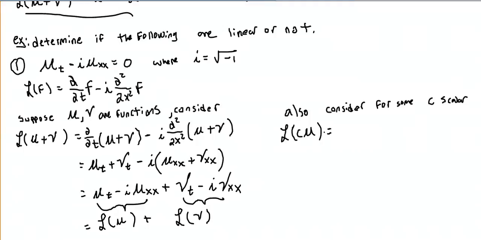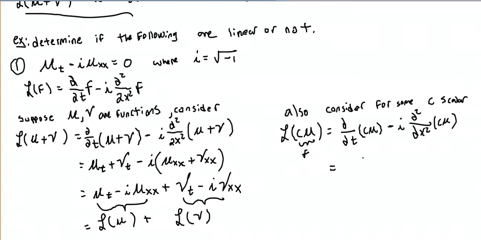Well, it's going to go through the same idea. cu is our f, we're going to plug that in here. So we get the partial derivative with respect to t of cu minus i times the second partial derivative with respect to x of cu.